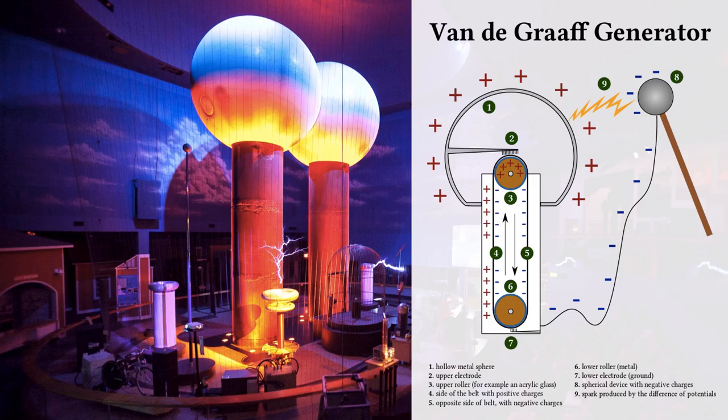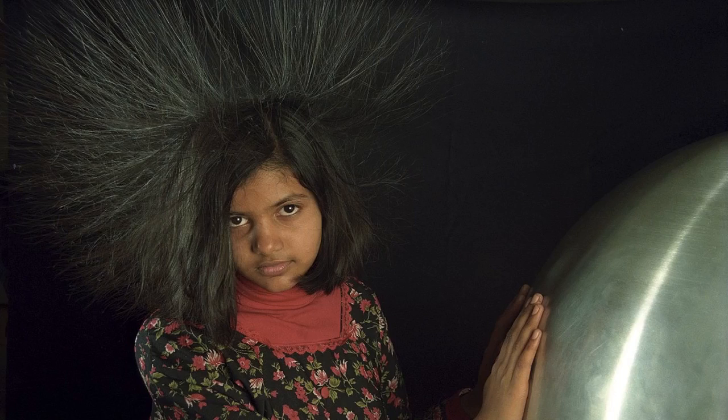But basically a belt going between two rollers transfers charge by transferring electrons, as we've seen, and the overall result is that the dome at the top of the generator acquires a positive charge. And if you touch that, then electrons will go from you to that dome to try and balance out that positive charge, which means that you will have an overall positive charge, including your hair.